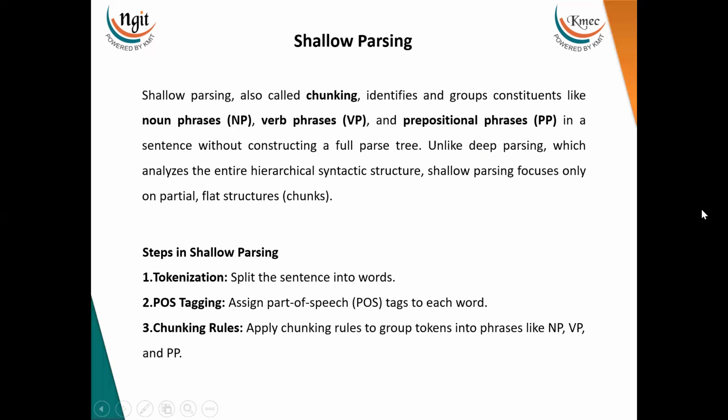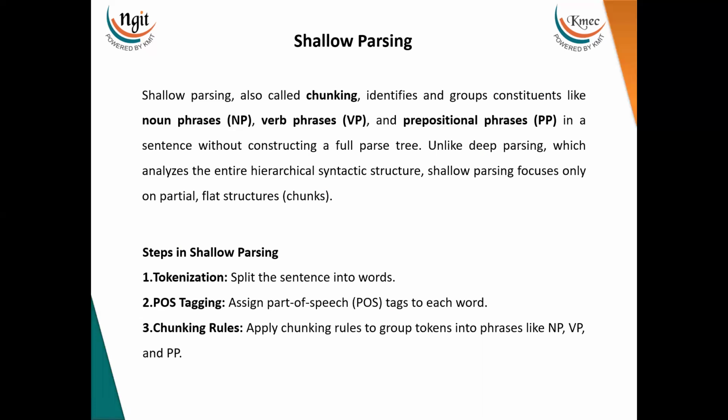So what are the steps that we follow in shallow parsing? The first one is tokenization, then parts of speech tagging, and the third one is chunking rules. Tokenization is nothing but tokenizing the sentences into words. That means we break down the words which are present in the sentence, and we call them tokens.